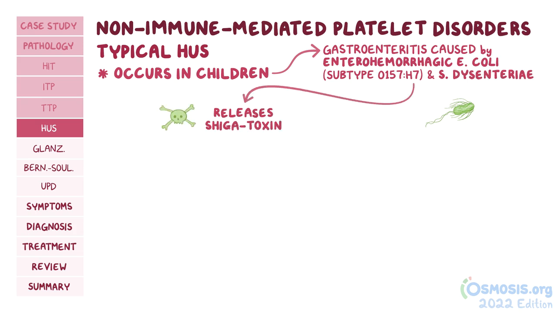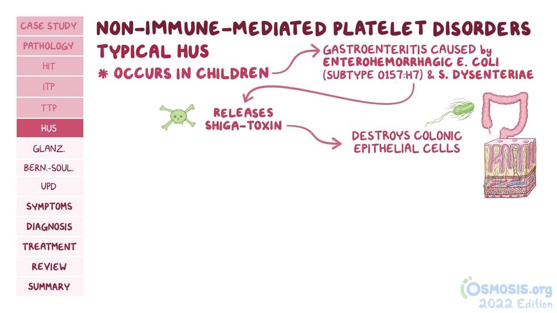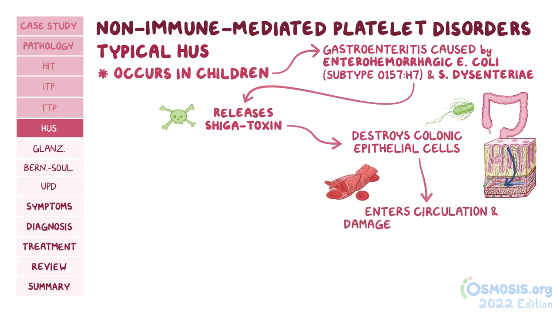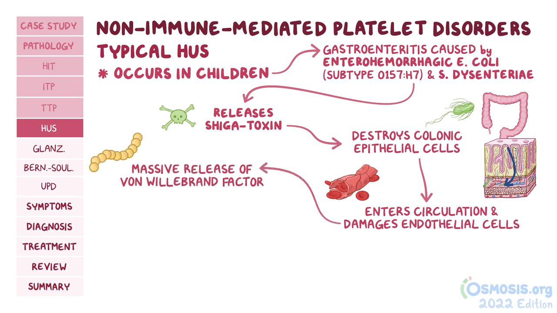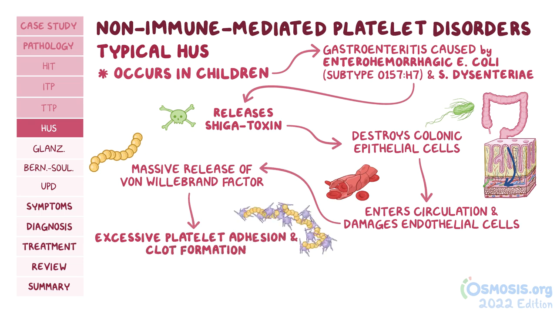This Shiga toxin destroys colonic epithelial cells, causing bloody diarrhea. It then enters the circulation, where it damages the endothelial cells, triggering a massive release of von Willebrand factor. This leads to excessive platelet adhesion and clot formation throughout the body.